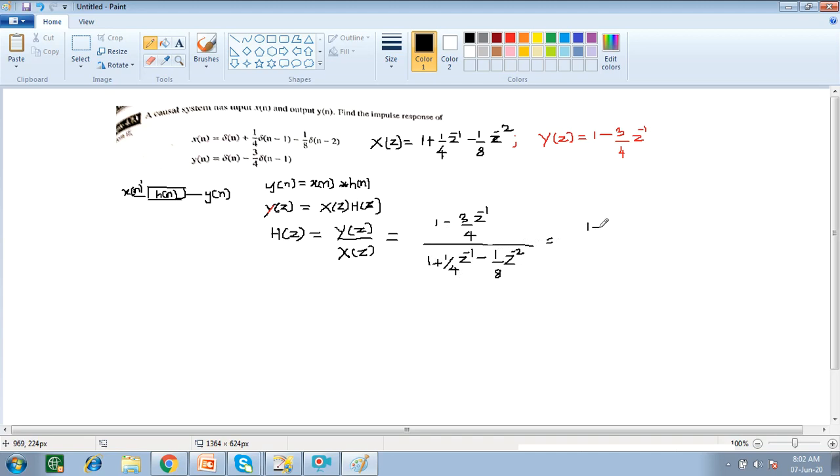So let's write this one as 1 minus 3 by 4 into z raised to minus 1, into z raised to minus 1, divided by 1 plus 1 by 4 z raised to minus 1 minus 1 by 8 z raised to minus 2. Let's see how to obtain this.